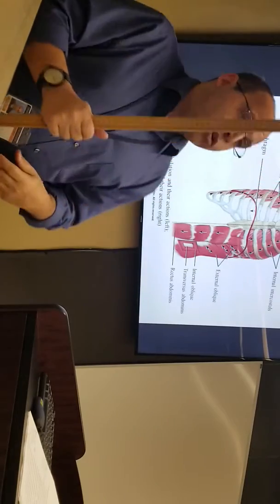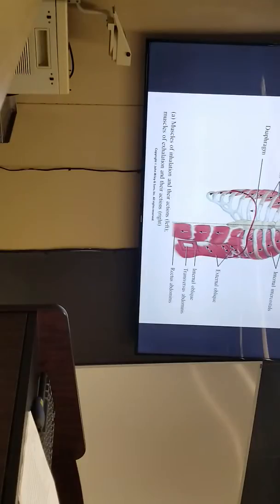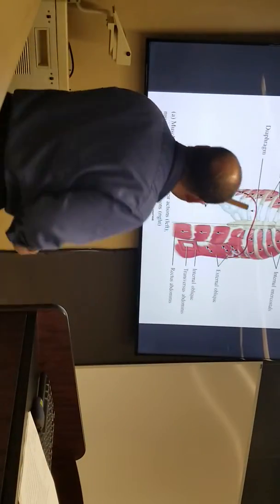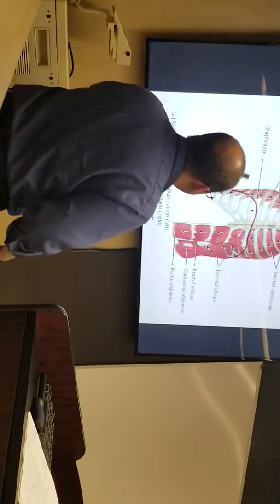We take a breath in, we're using the sternocleidomastoid or the SCM muscles. We're using our scalenes. Remember those little tiny muscles anterior to the neck. We have our external intercostals between our ribs because they're going to help elevate the ribs. And we have our diaphragm.